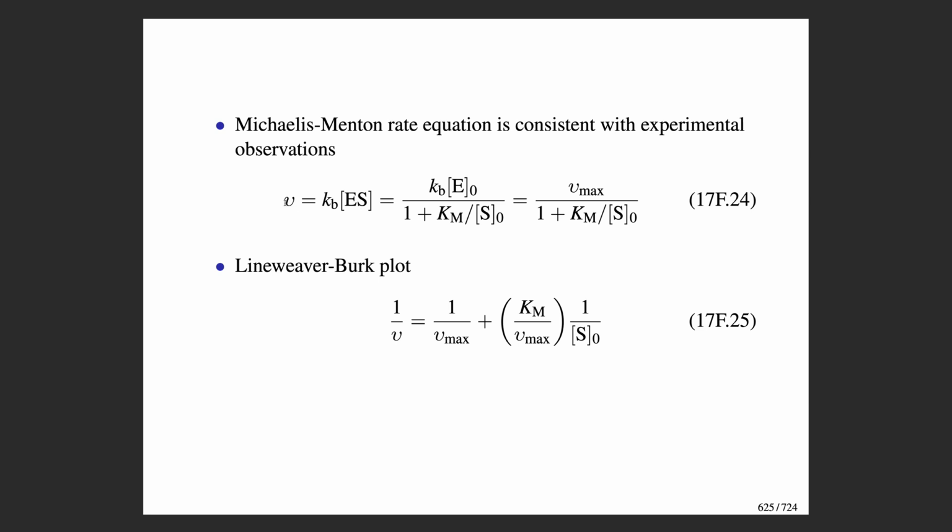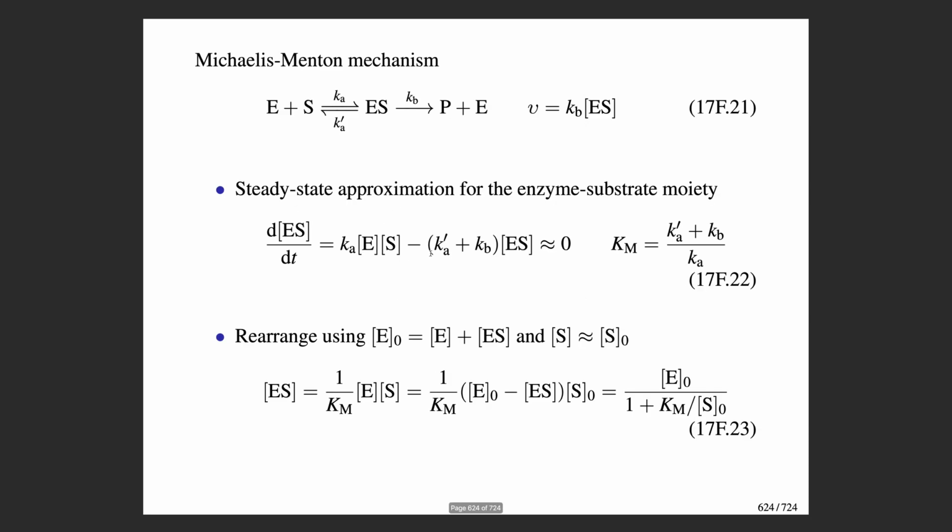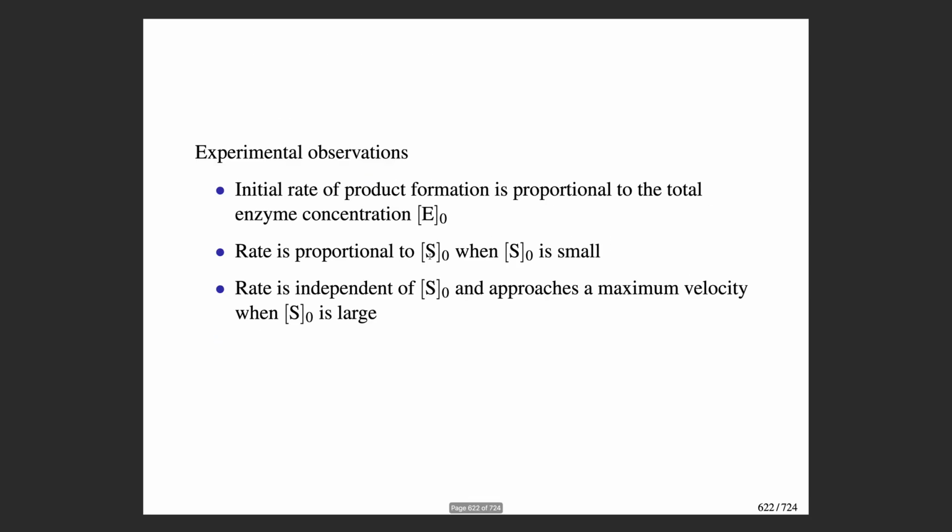Well, we see that the rate depends upon the initial concentration of the enzyme. So early on in the reaction, before any reaction has occurred, the rate is going to depend upon the concentration of the enzyme that we have. And that was one of our observations, I believe the first one that we made. Yeah, depends on E0.